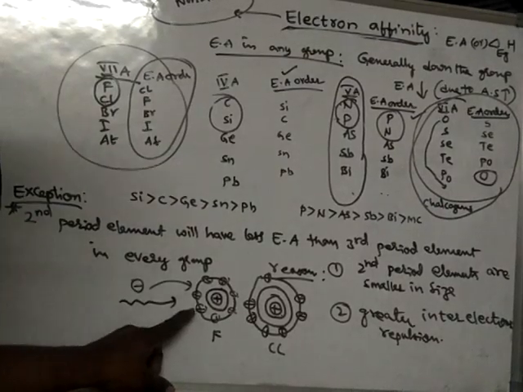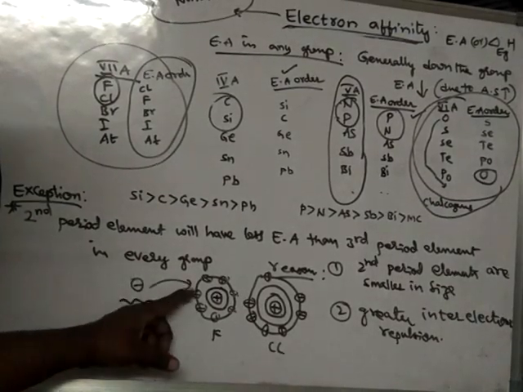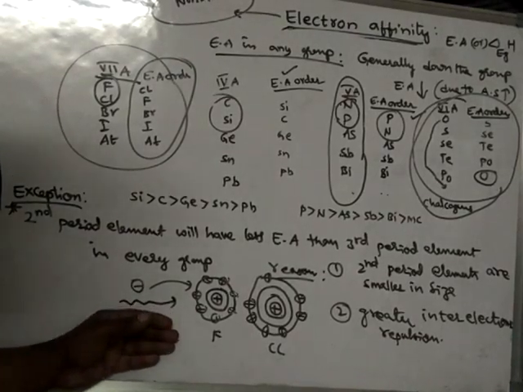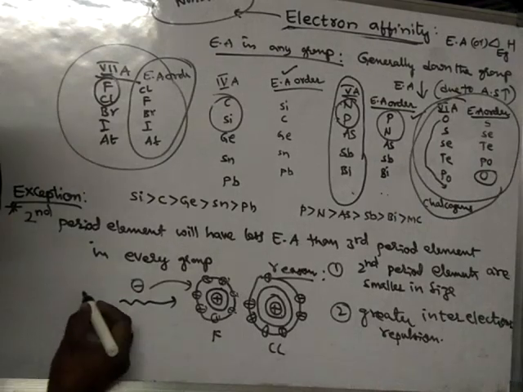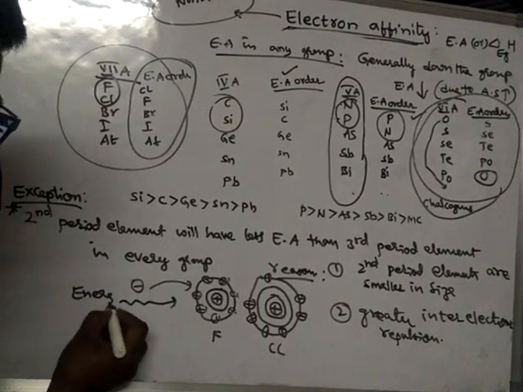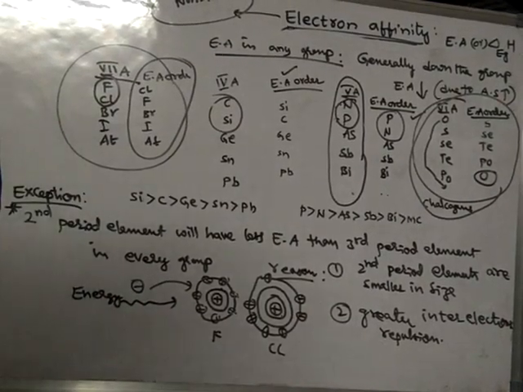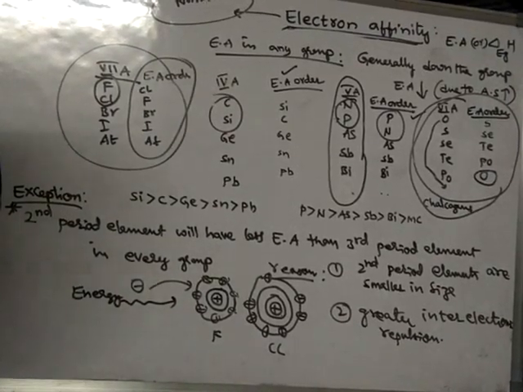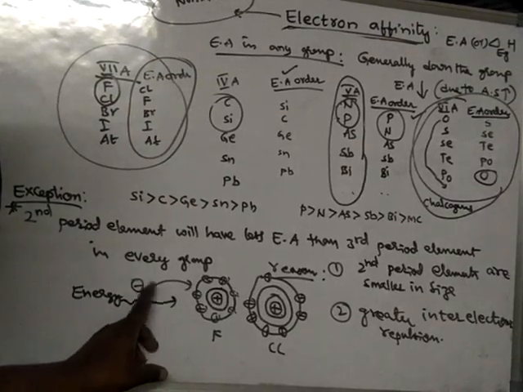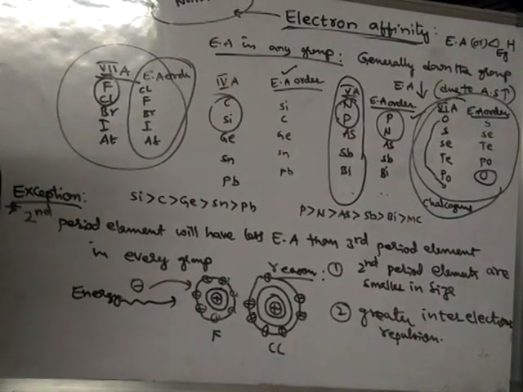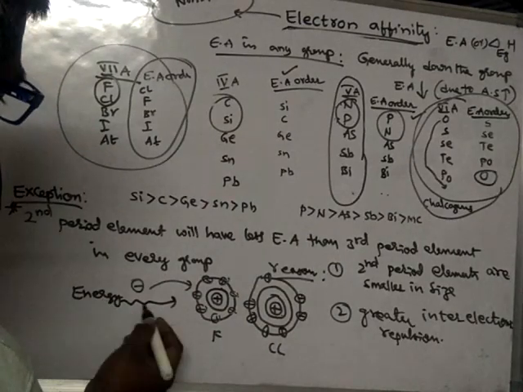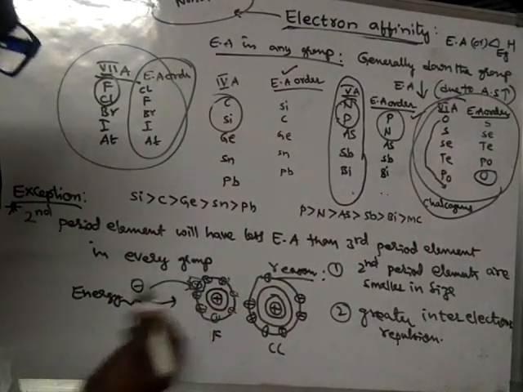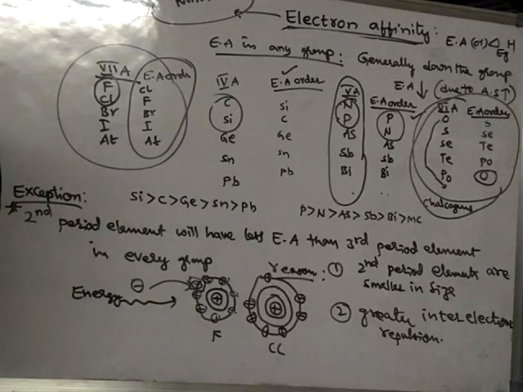So we supply some energy, which reduces the repulsive forces between the electrons. Then only can that electron remain in this orbit.